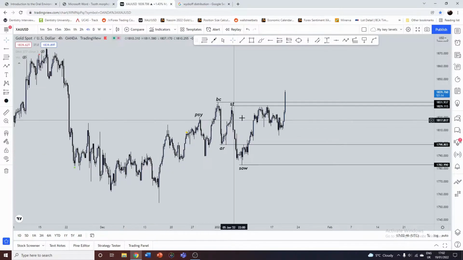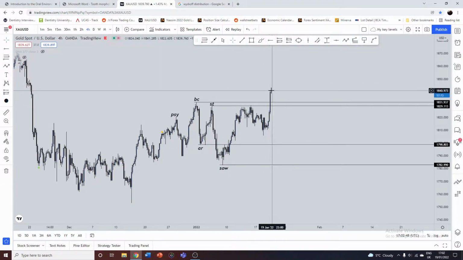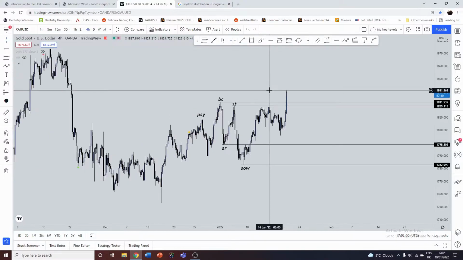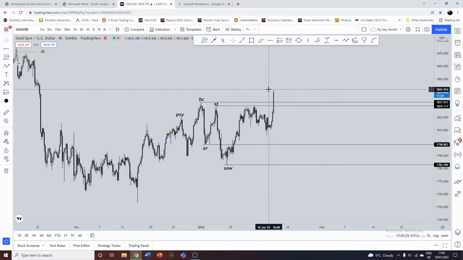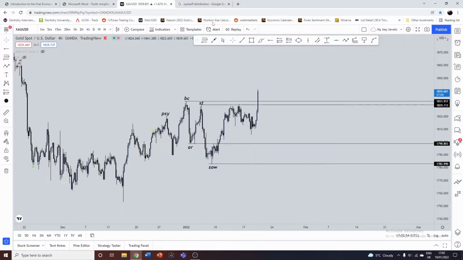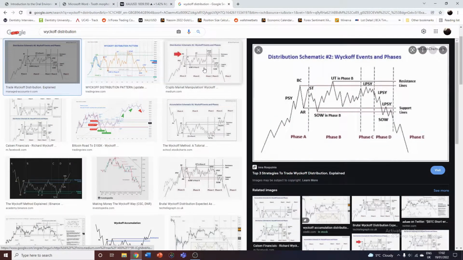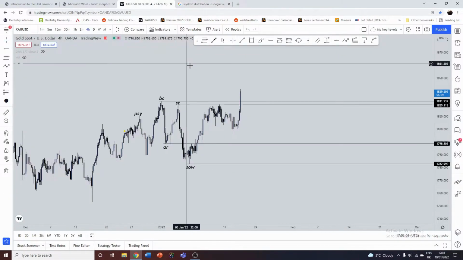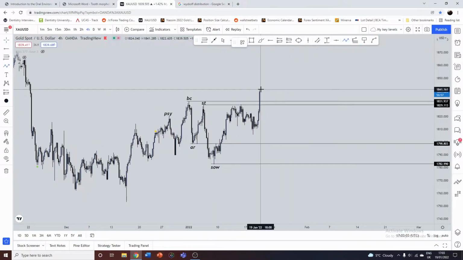I am expecting, so as you can see, we have had this UT. Now there are two scenarios that can play out as shown by the two different schematics. The one I'm leaning towards is this scenario. We get a bit of stalling for tomorrow, and then we begin to fall hard.